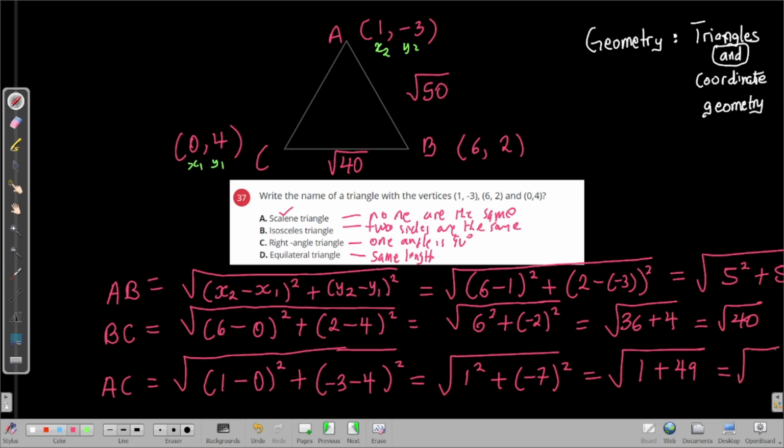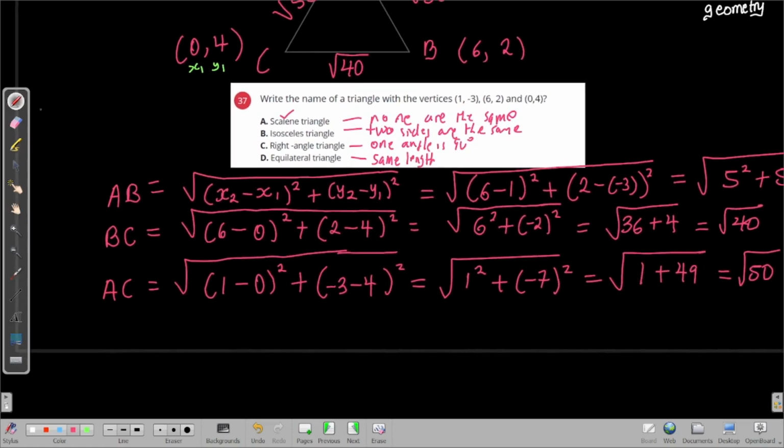So this is root 50. So it means that side AC is equal to side AB. AB is equal to AC. So two sides are the same. Our answer is isosceles triangle.